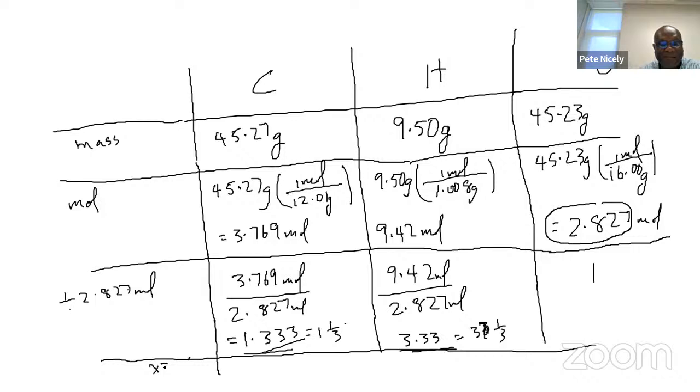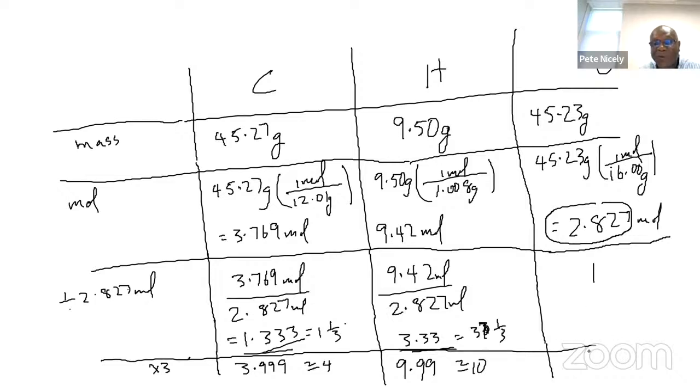We multiply by 3. So if you multiply 1.33 by 3, you're going to get 3.999, which is approximately 4. And if you multiply 3.33 by 3, you're going to get 9.99, which is approximately 10.